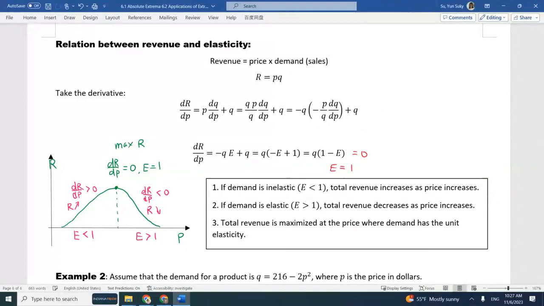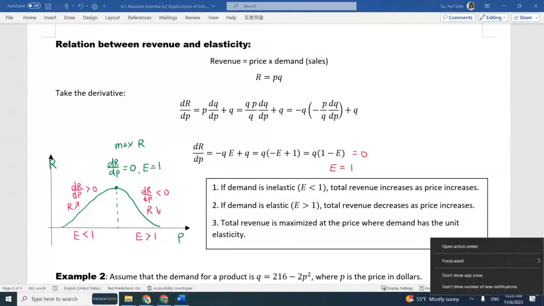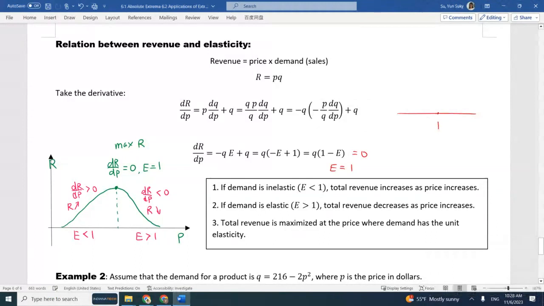Yes, everybody? So when E equals 1, our dR/dP equals 0. And then you can draw the real number line. So we have E is 1 here, this is less than 1, and this is bigger than 1.